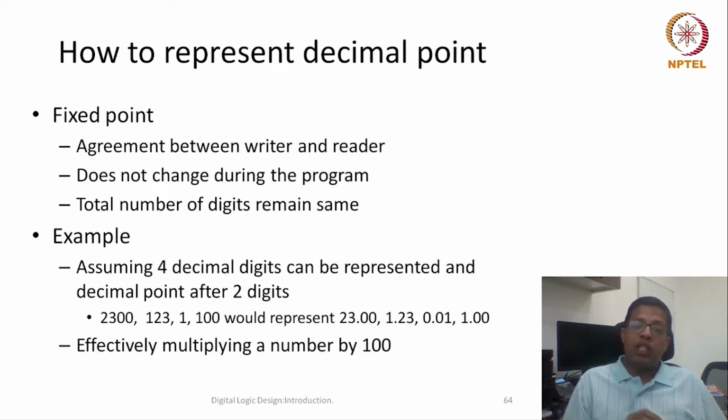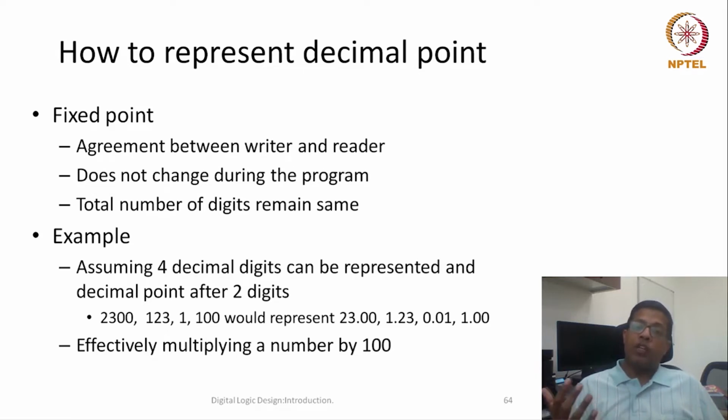Similarly, if 123 is given, then because the decimal point would exist after 2 digits, it would be read as 1.23, although it is written as 123, because of that agreement that there is a point which exists but is invisible, you don't see it. So this could be one way of representing a decimal point without writing a decimal point.